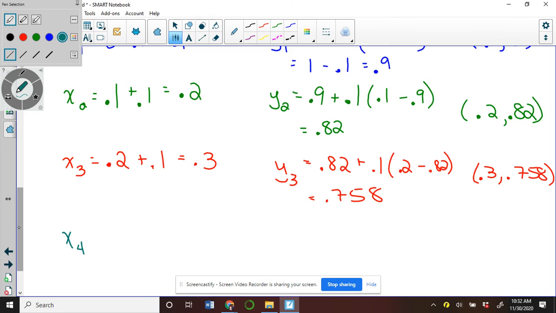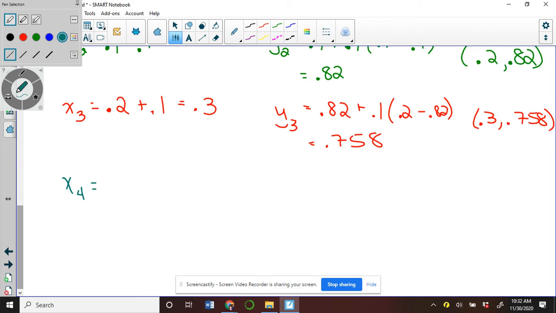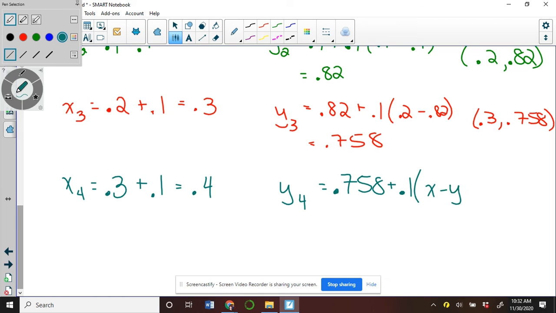A fourth step would be 0.3 plus 0.1, and that would give us 0.4. Our fourth step for y would be our previous y value, 0.758, plus our step of 0.1 times our previous x minus our previous y.